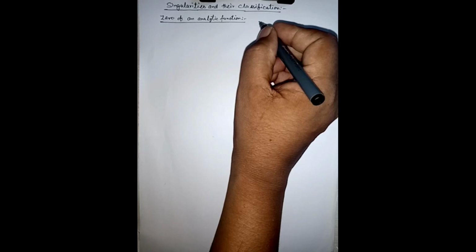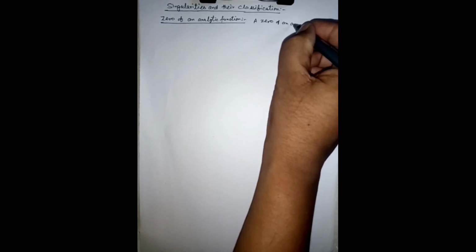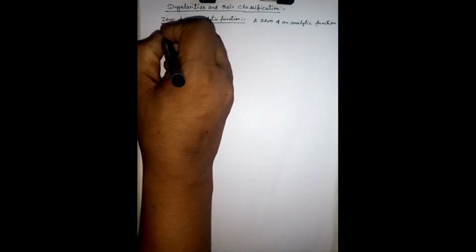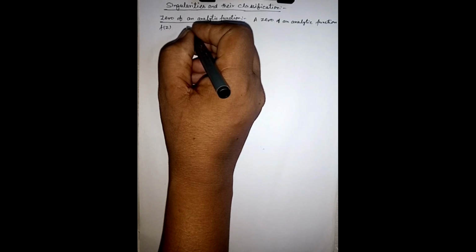A zero of an analytic function f(z) is a value of z such that f(z) equal to 0.